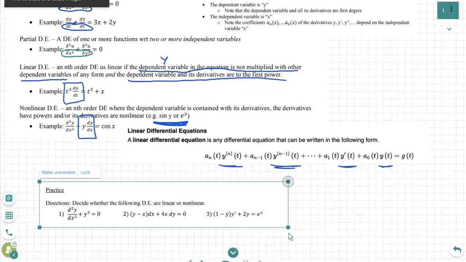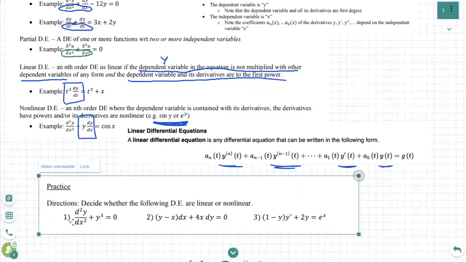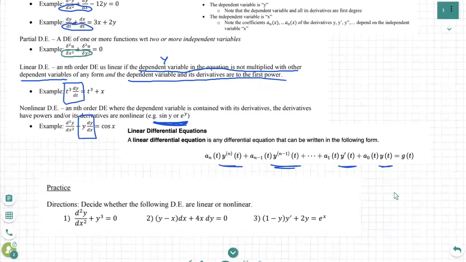Okay. So what do you think about these ones? Is that first one linear or nonlinear? Would the y squared be considered multiplying the dependent variable by itself? Which one? The y squared or y cubed. Yeah.